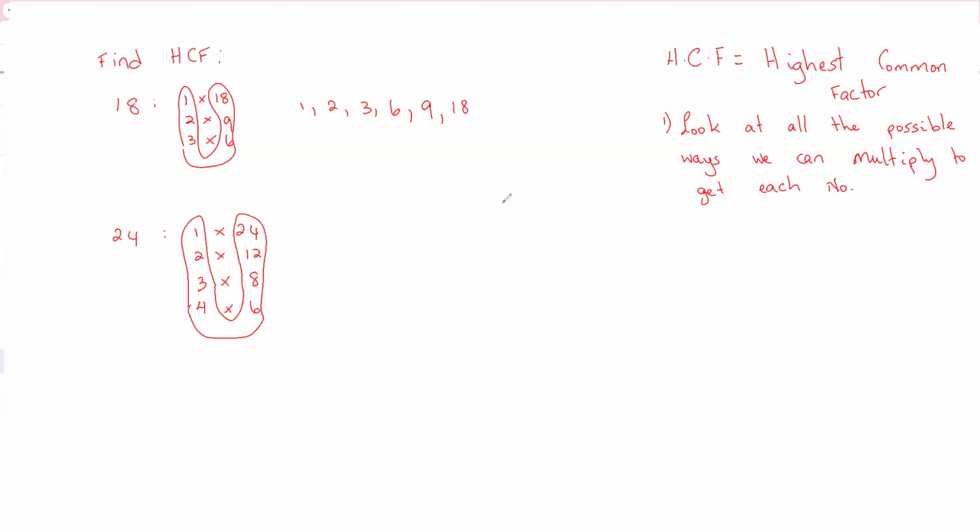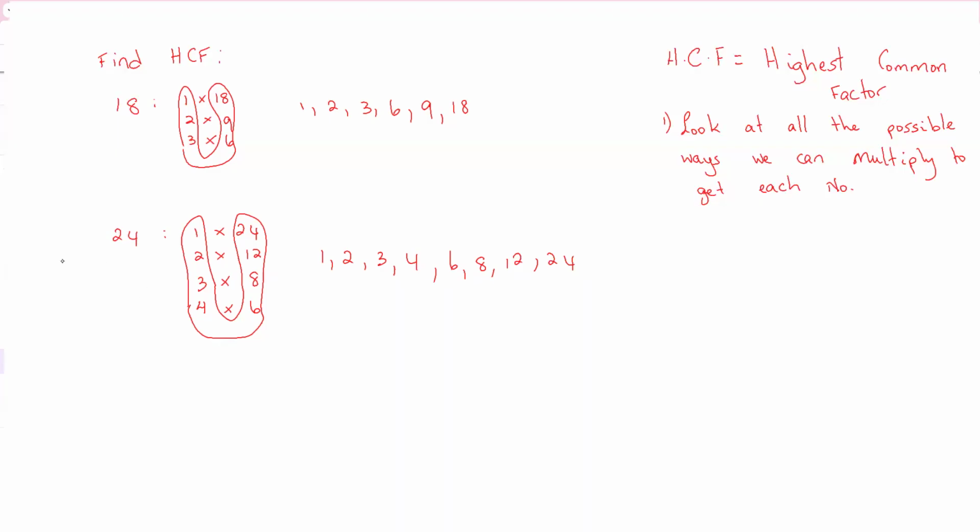And this is a list of all the possible factors which can divide into 24 without leaving a remainder. So we have 1, 2, 3, 4, 6, 8, 12, and 24. These are all of your factors.